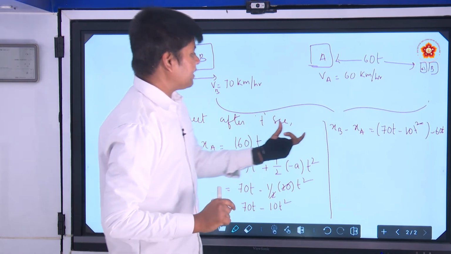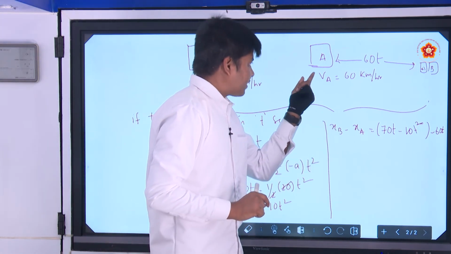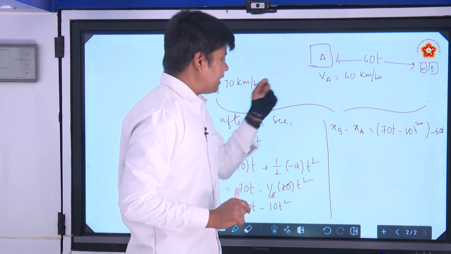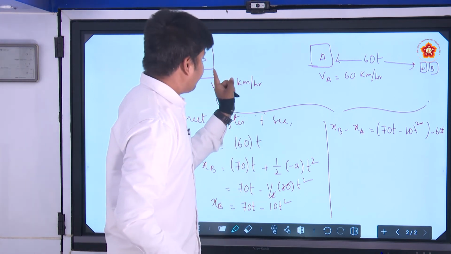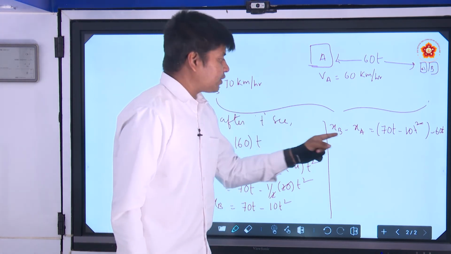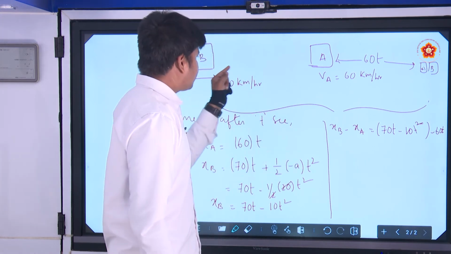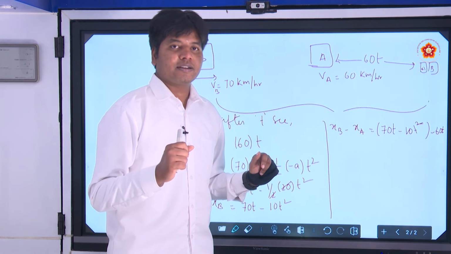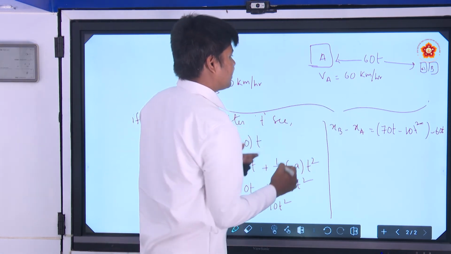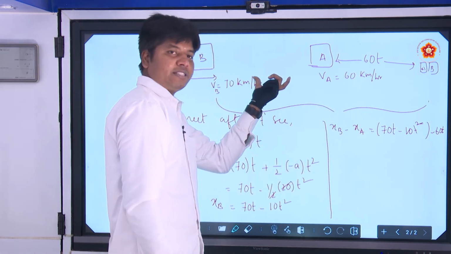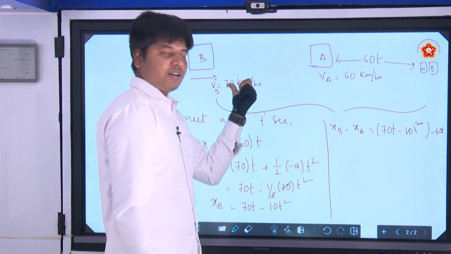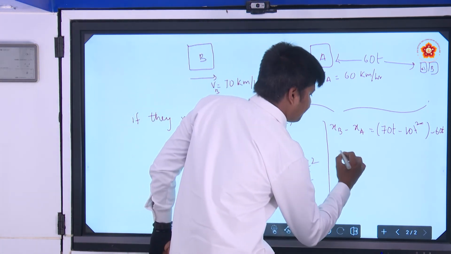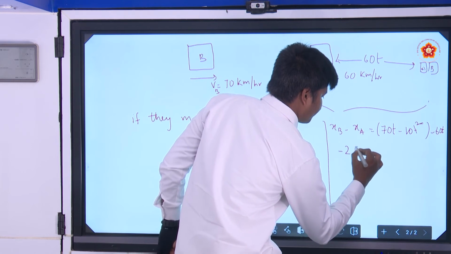So the relative displacement of B with respect to A: the observer is A, and B is approaching towards him. The motion is in this direction, and the relative displacement is in the opposite direction. That will be minus 2.5.